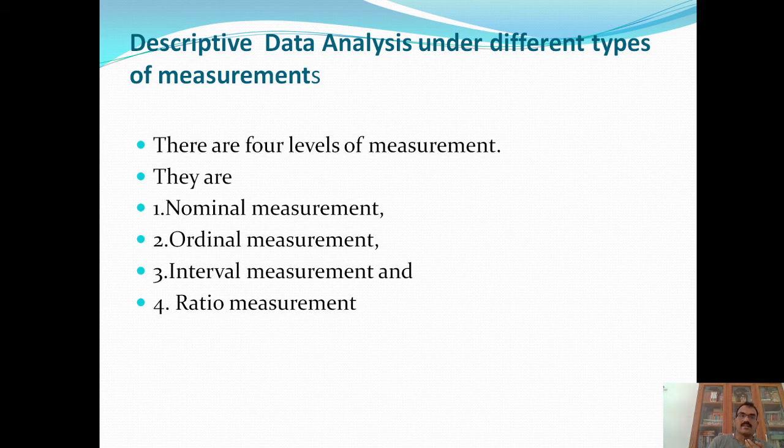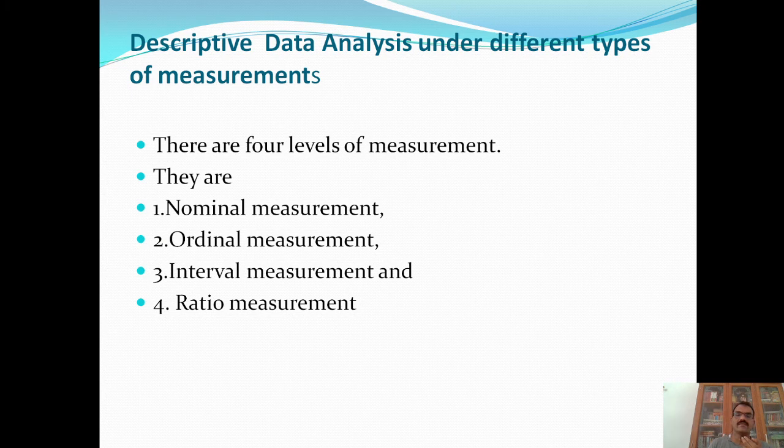Next one is descriptive data analysis under different types of measurement. There are 4 levels of measurement. They are nominal measurement, ordinal measurement, interval measurement and ratio measurement.